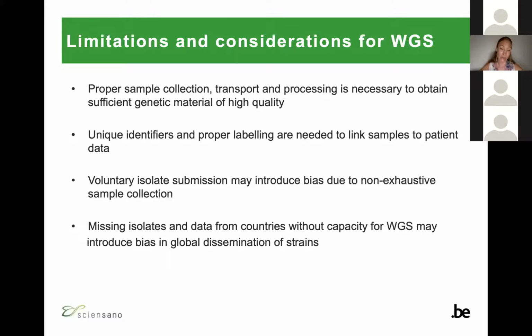And as I mentioned, in Belgium, the submission of isolates of Shigella is currently voluntary. So you have to be aware that there may be some bias introduced due to the non-exhaustive sample collection. Furthermore, missing isolates and data from countries which currently have less capacity for genome sequencing may also introduce bias in our knowledge of the global dissemination of strains and also of antimicrobial resistance.